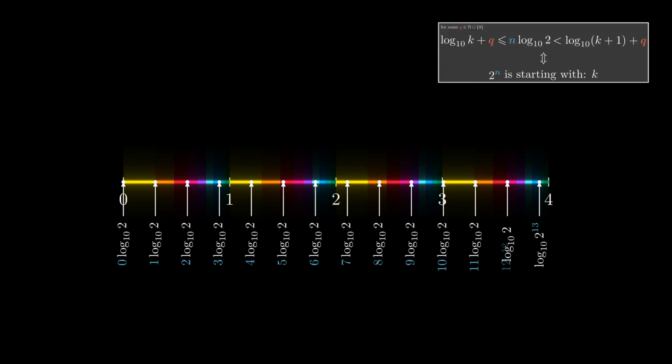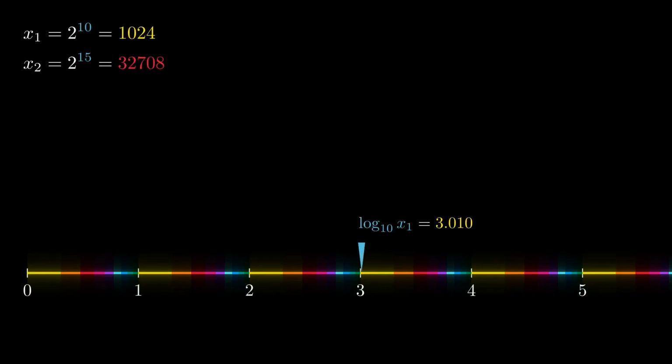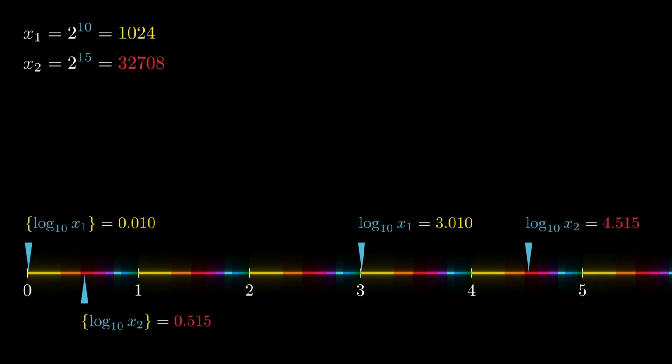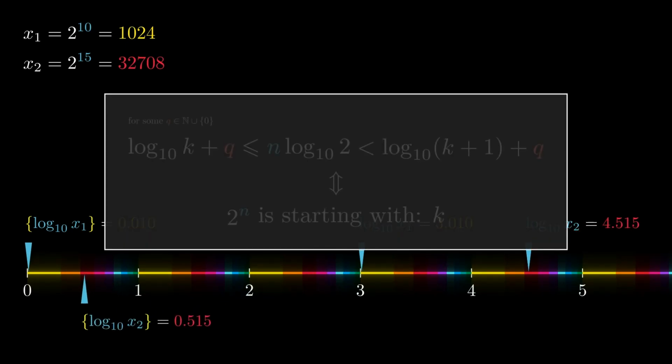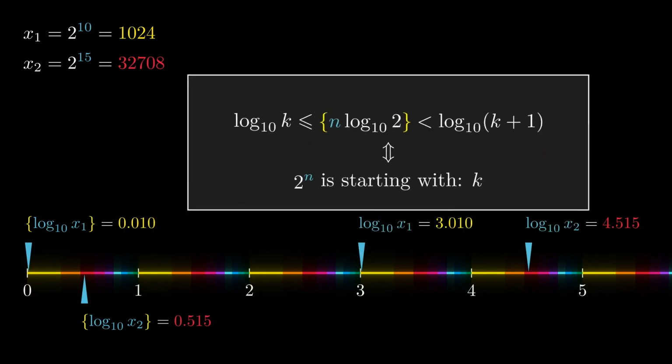Periodic coloring with a period of 1 makes it possible to consider only the fractional part of the logarithm in order to know the leading digits of the preimages. In this example, the numbers x1 and x2. This approach allows us to write down our condition for the leading digit in this form.